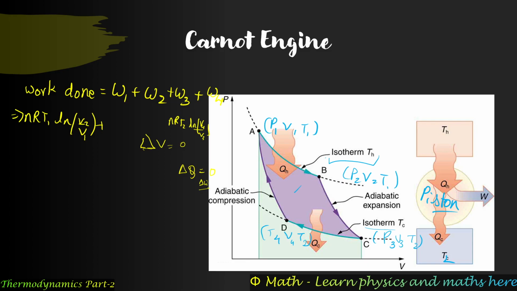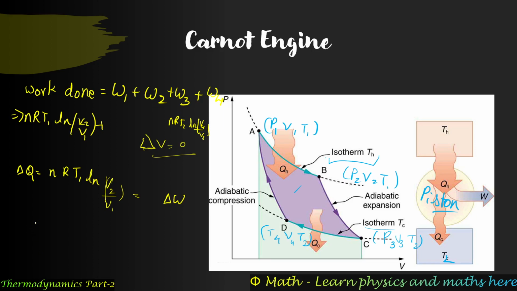So from here we can say that delta Q is equal to nRT1 ln V2 by V1. How can we say this? Because delta U plus delta W equals delta Q. This is just derived from here. Delta U is equal to 0 as we just said. That means this thing gets cancelled out and we get delta Q equal to delta W only.